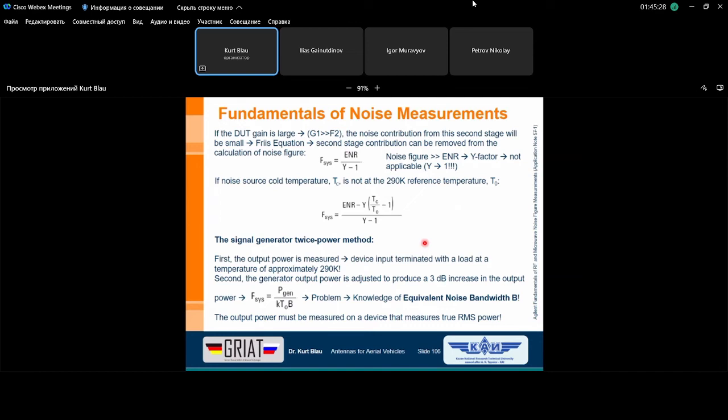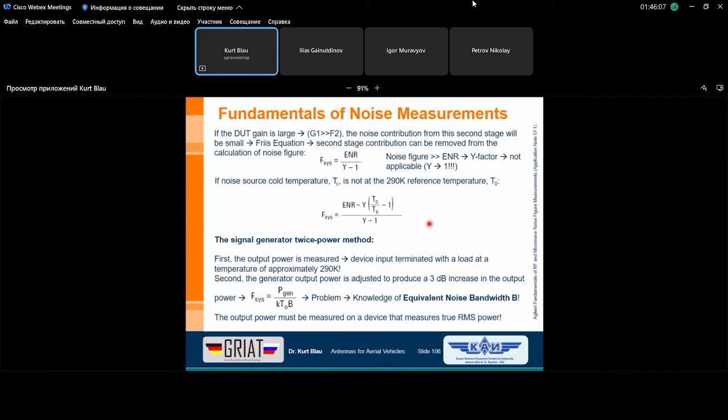Such amplifiers normally have noise figures which are much larger than noise figures of the input amplifier. For instance, on the Earth, you have your receiving system for satellite signals, TV signals. You have a large reflector, a dish with the low noise block in the focal point, and such an input amplifier, a low noise block for satellite reception, has a noise figure in the order of 0.7 dB.